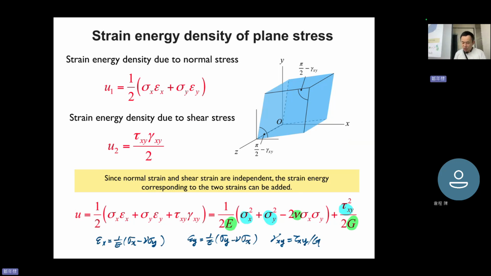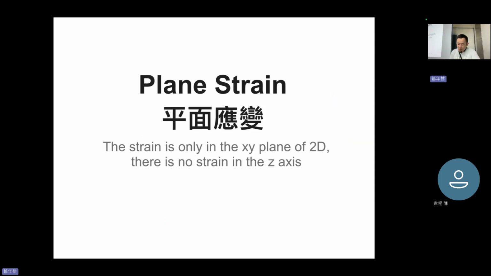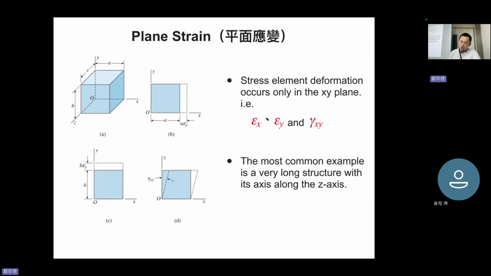Plane stress. Plane strain. Plane strain, 平面应变, is very similar to the definition we mentioned before. The strain is only in the XY plane, 2D. No strain in the Z axis. So what is plane strain?